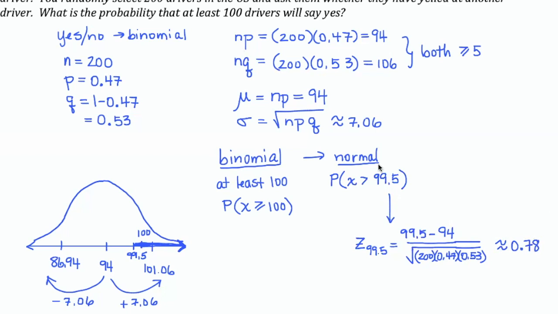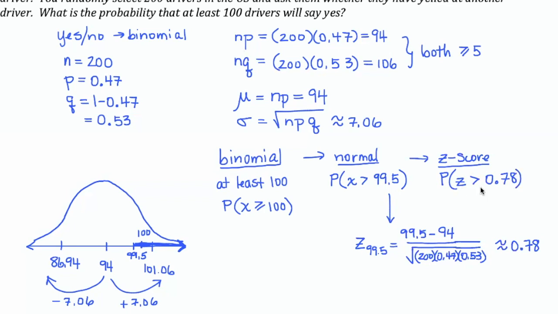0.78. So now I can write my probability in terms of a z-score by saying if I want the probability that x is greater than 99.5, that's the same as the probability of the z-score being greater than 0.78.